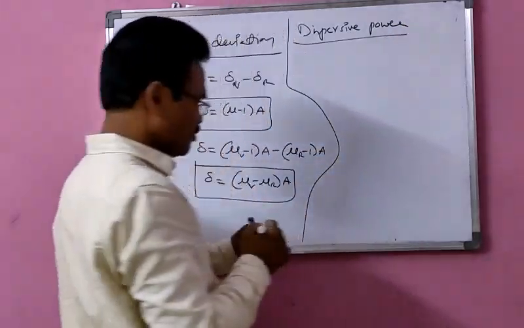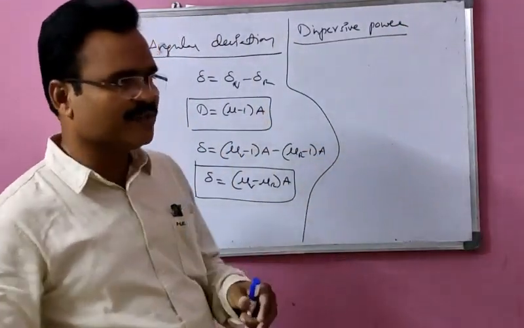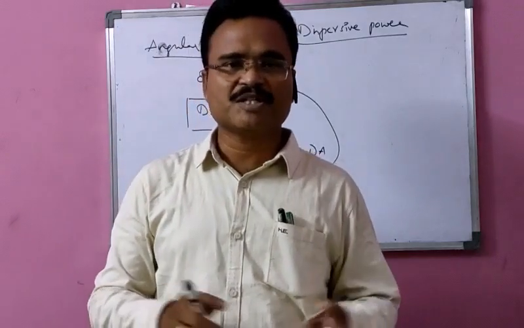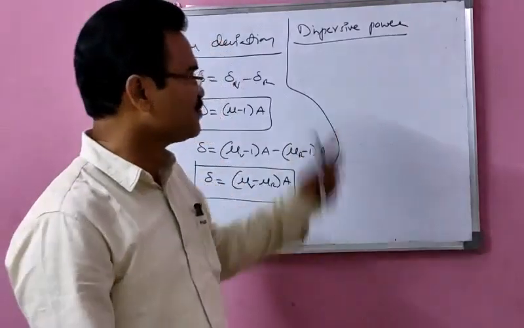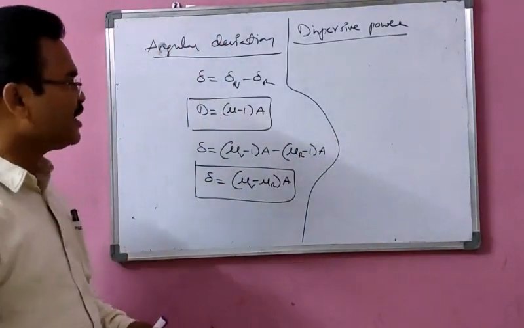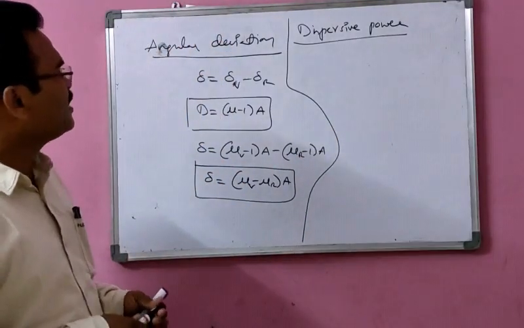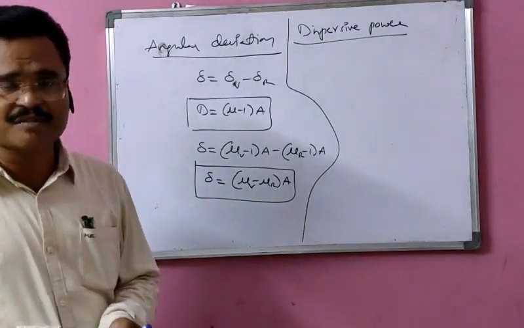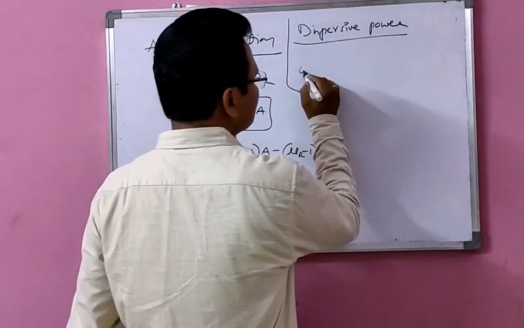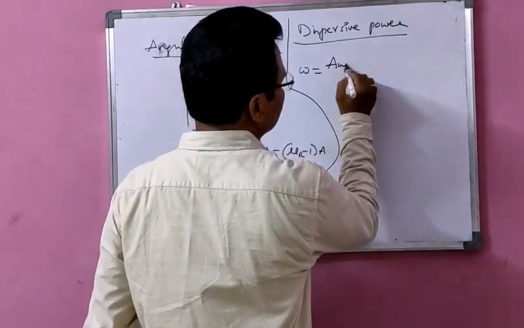Next we have dispersive power. What do you mean by dispersive power? This is a physical quantity which tells you how much dispersion is occurring. That means the splitting of the light can be understood from this physical quantity. It is defined as the ratio of angular deviation to the mean deviation.